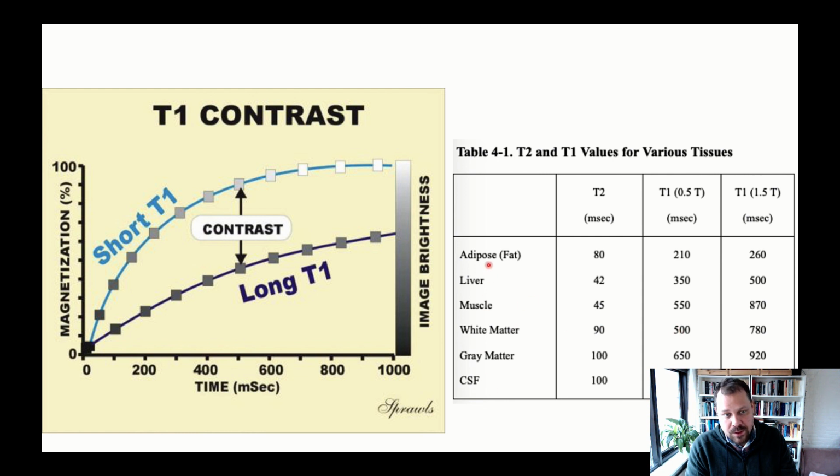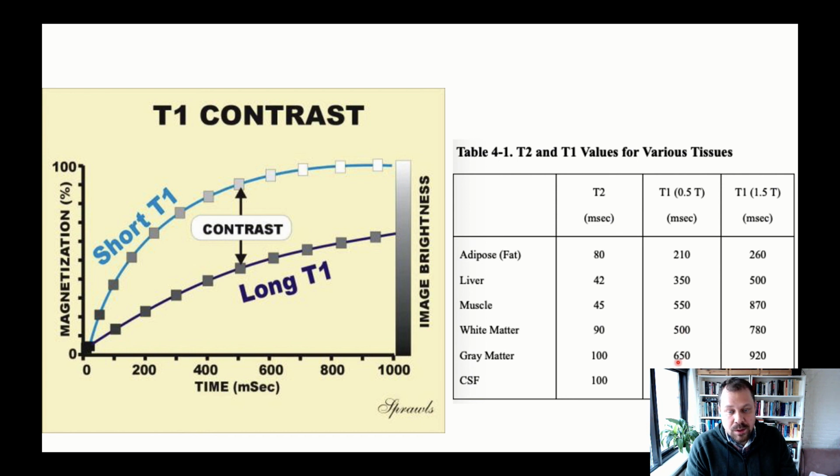And obviously we have different types of tissues that we can then picture. And obviously CSF, which is a fluid that is within the brain, within the ventricles of the brain mostly, has the longest T1 recovery time. And this is something that will then appear in black. This is something that will appear in relatively light gray, and this is something that will appear in relatively dark gray in T1 images.